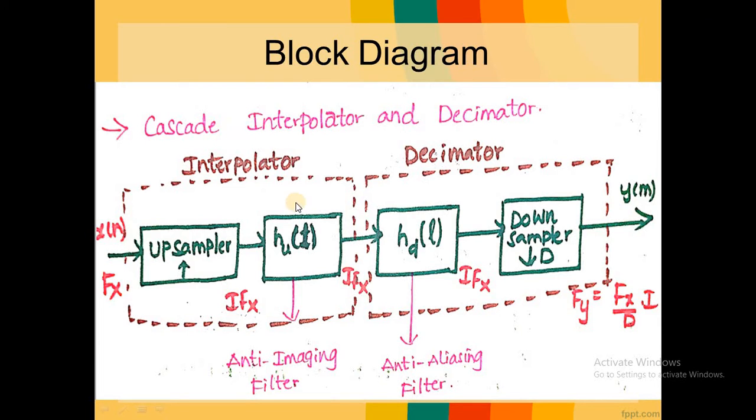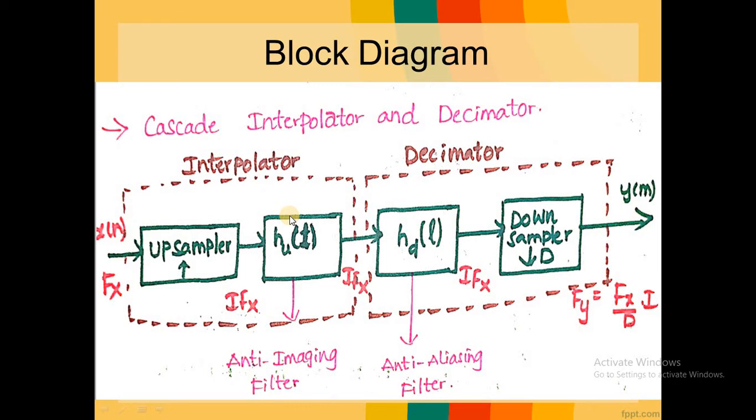Next, a simple block diagram. In case of sampling rate conversion by a rational factor, we are cascading the interpolator as well as a decimator. I had already discussed the interpolator.